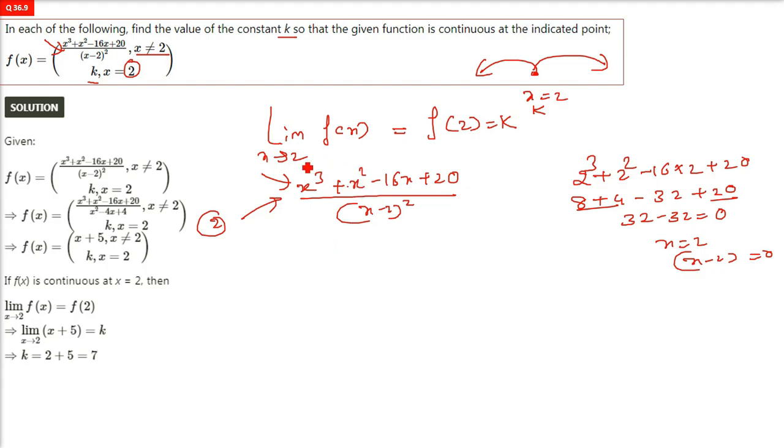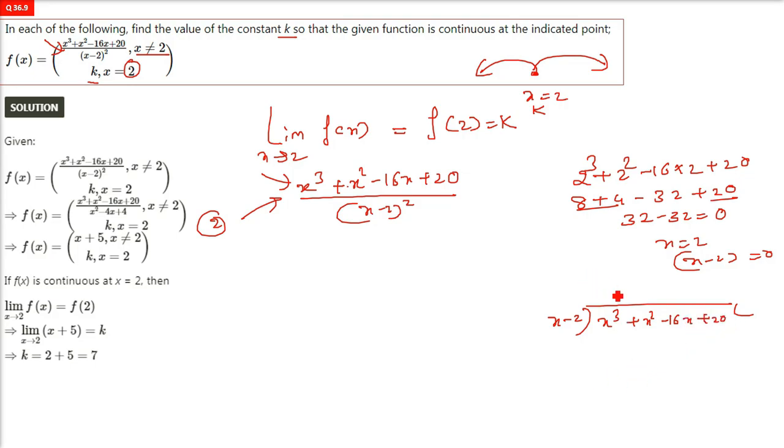So how can we write this first expression, the numerator? When we have x minus 2, what will be the remaining part? There are different methods you can use. Those who are able to do it by themselves, it is very good, because that is the whole key of this question. But I will divide this expression by x minus 2 to get the remaining factor. So x cube plus x square minus 16x plus 20, we are dividing by x minus 2.